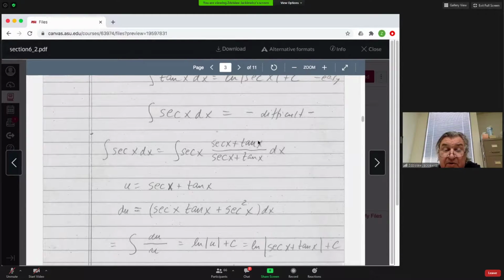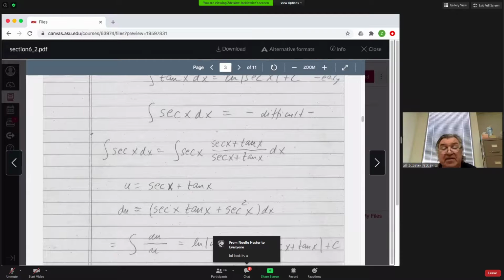So making the substitution, this integral becomes du divided by u. That's natural logarithm of the absolute value of u plus constant of integration. If you substitute what u was, we get the formula that this is ln of secant x plus tangent x plus constant of integration.